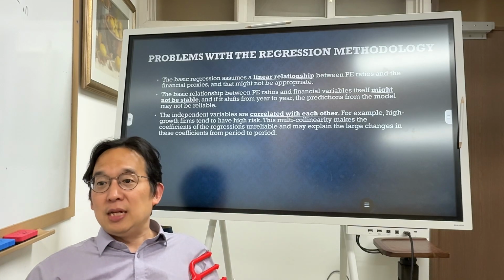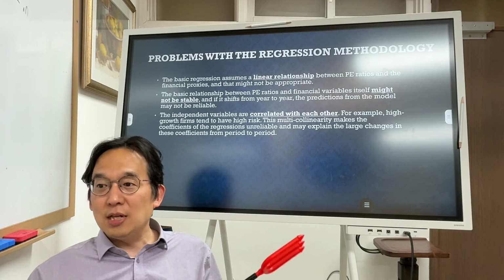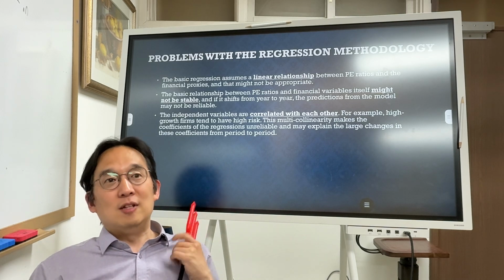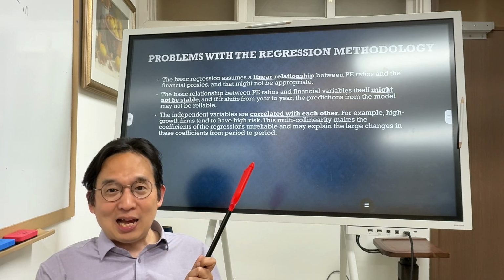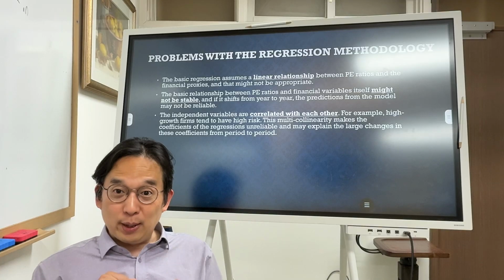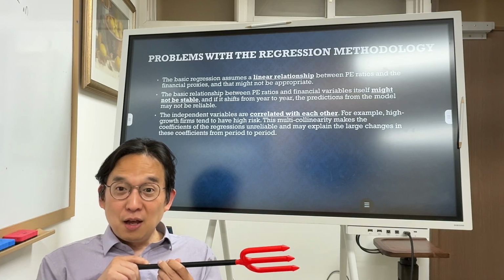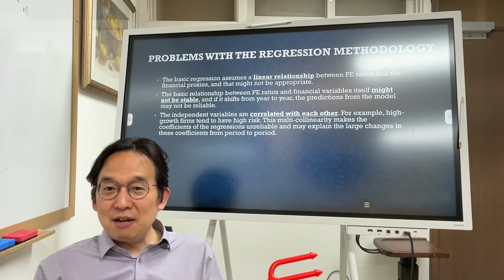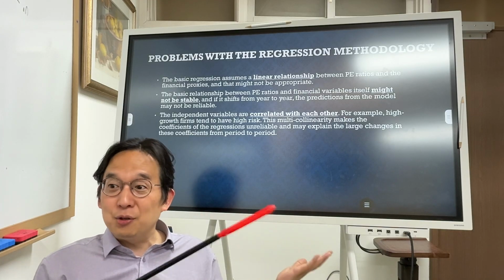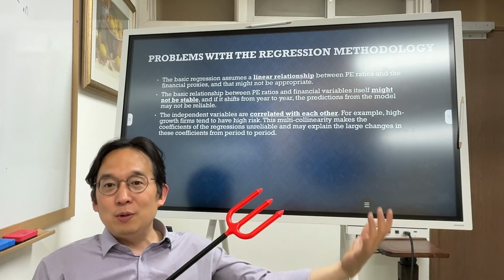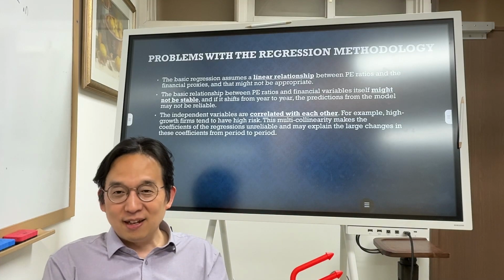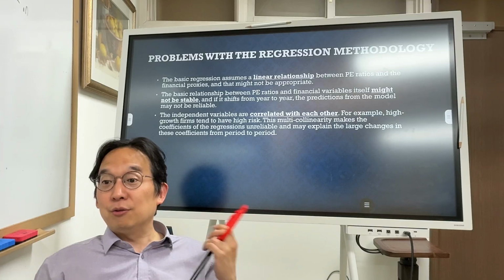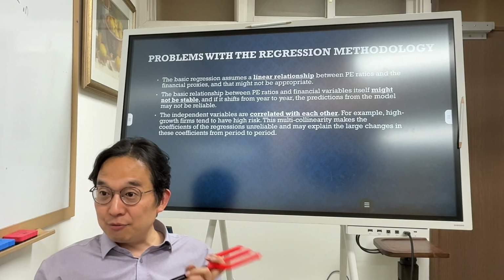Number three, the independent variables are correlated with each other. I told you before, right? Leverage, for example, is related to beta and the discount rate. So there will be a lot of trouble. Multicollinearity can bother you if you throw in all these variables simultaneously. Beware. For example, high growth firms tend to have high risk.